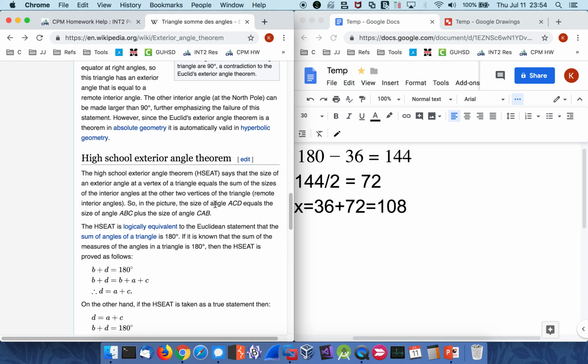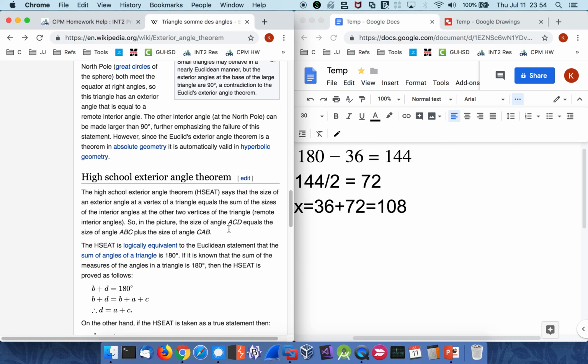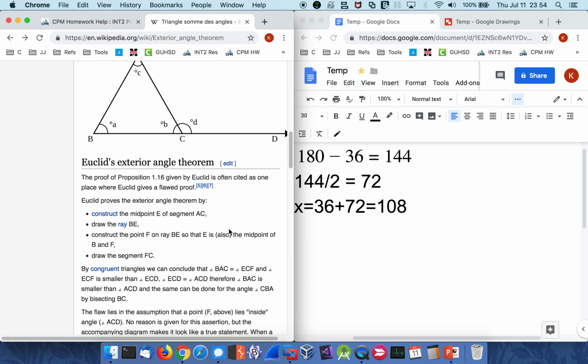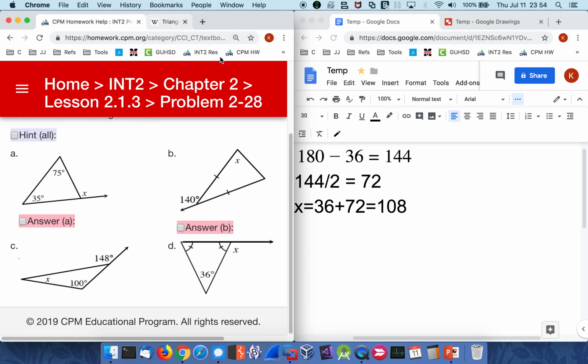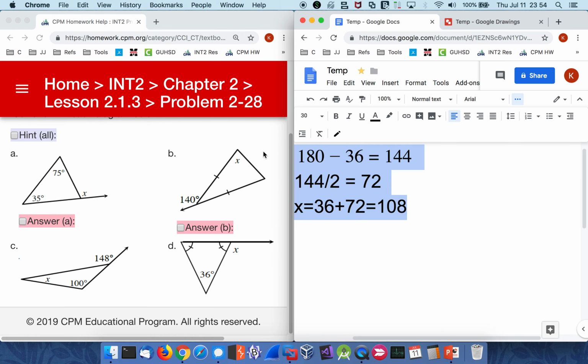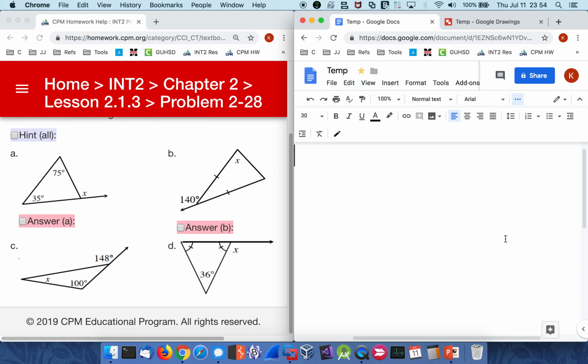So in the picture, the size of angle ACD equals the size of angle ABC plus the size of angle CAB. I'm not sure I remembered all of those, but here we go. So ACD, which is D, equals C plus A. So we just proved it 4 times. And that's it. Cool. So remember that exterior angle theorem, just in case. Saves you some time.